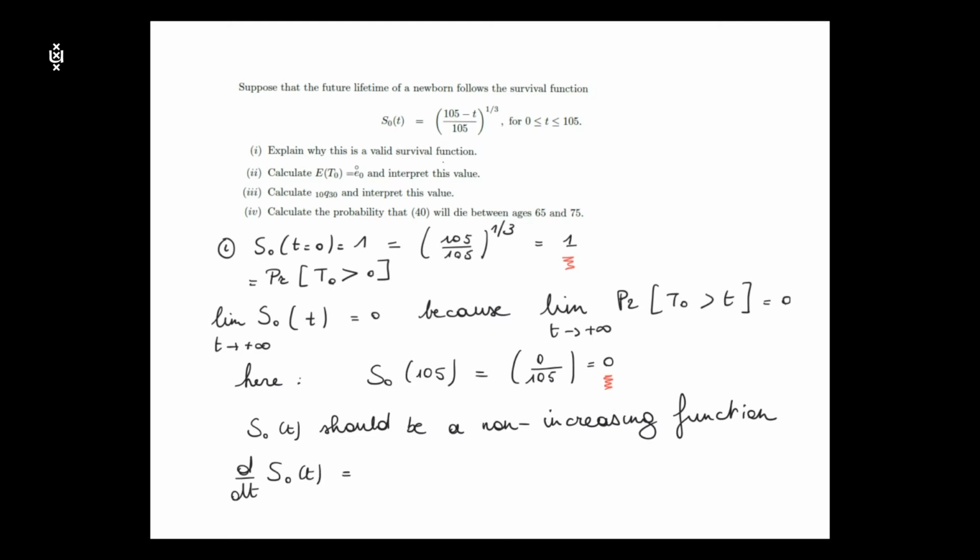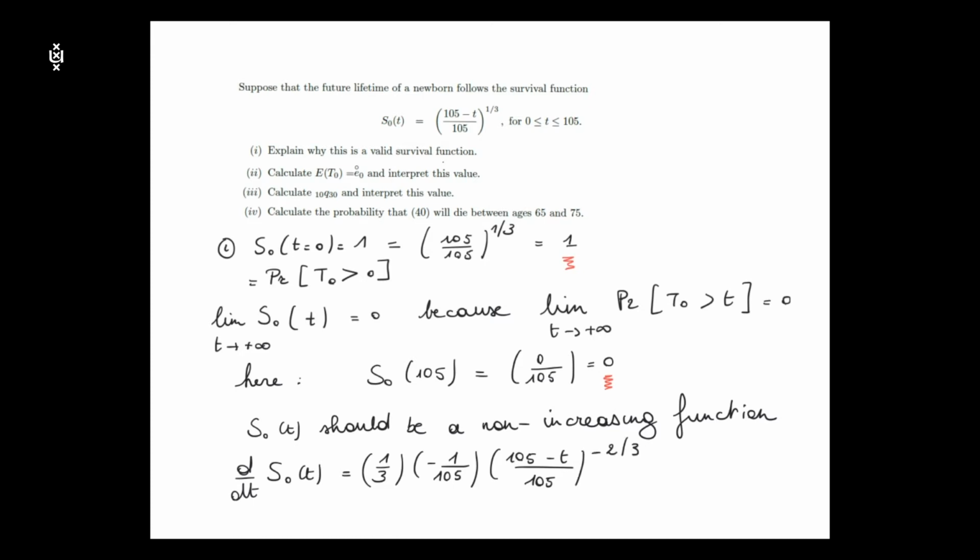If we work out this derivative, we'll find 1 over 3 multiplied with minus 1 over 105, and then (105 minus t) divided by 105 to the power minus 2/3, right?